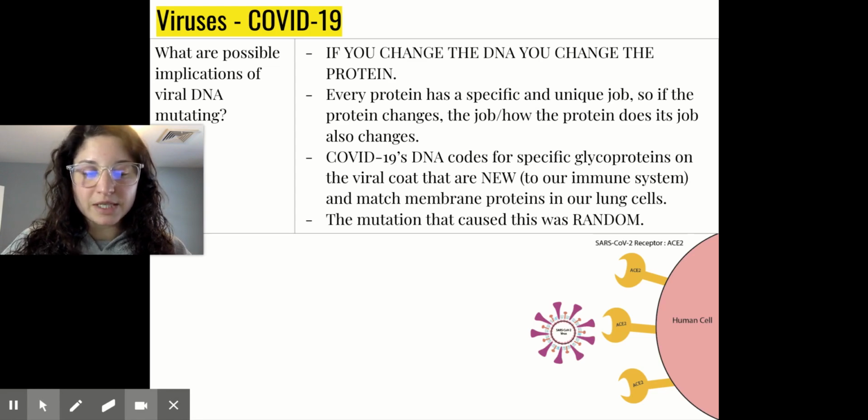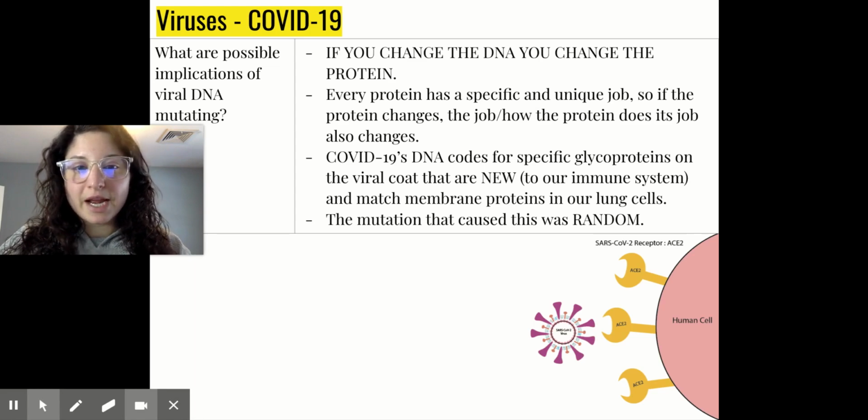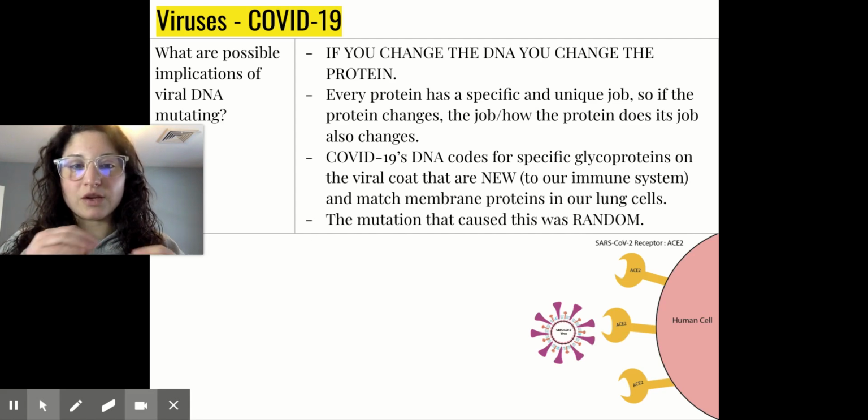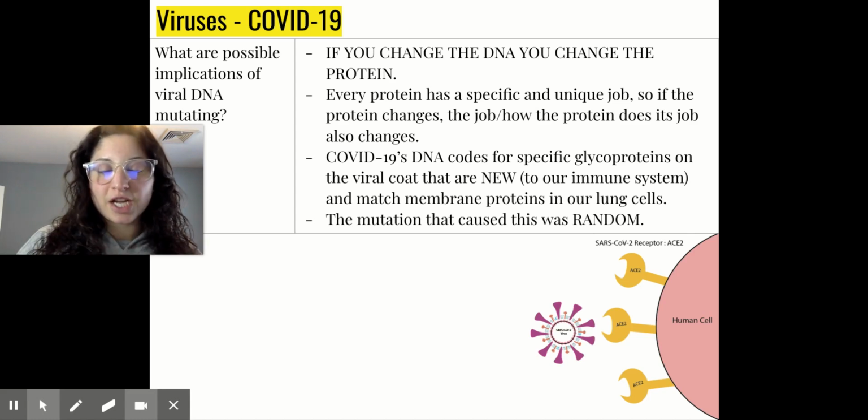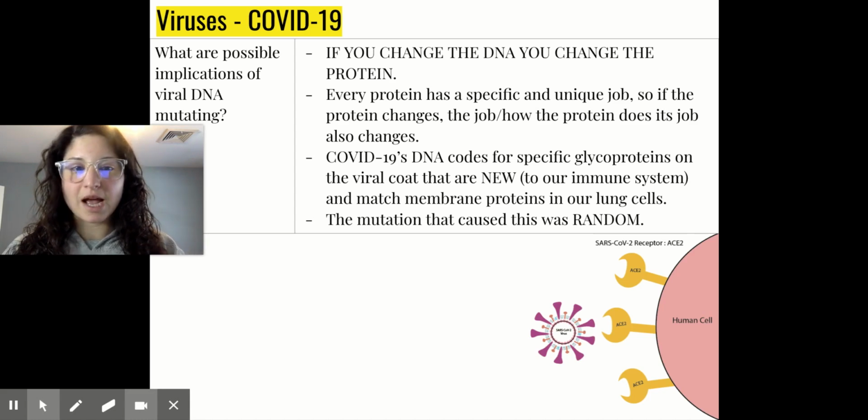That means a protein in COVID-19 is different than what our body has ever seen. Remember that every protein has a unique and specific job within the body, and if that protein changes, how the protein does its job also changes.